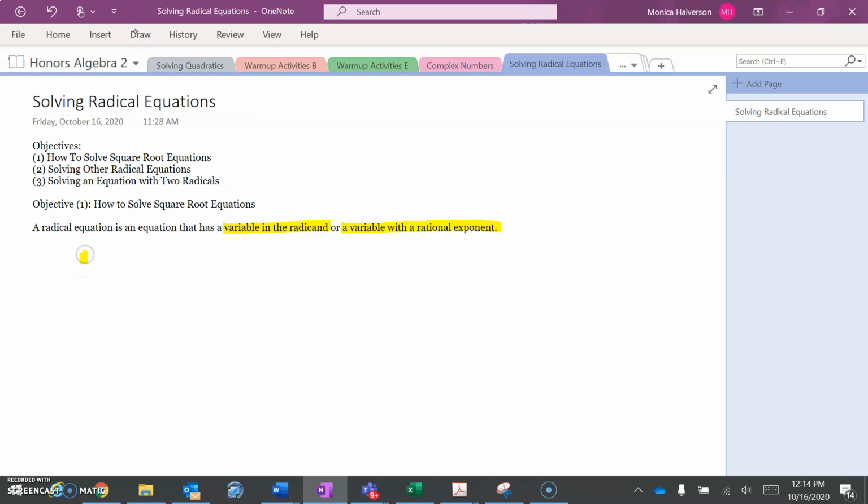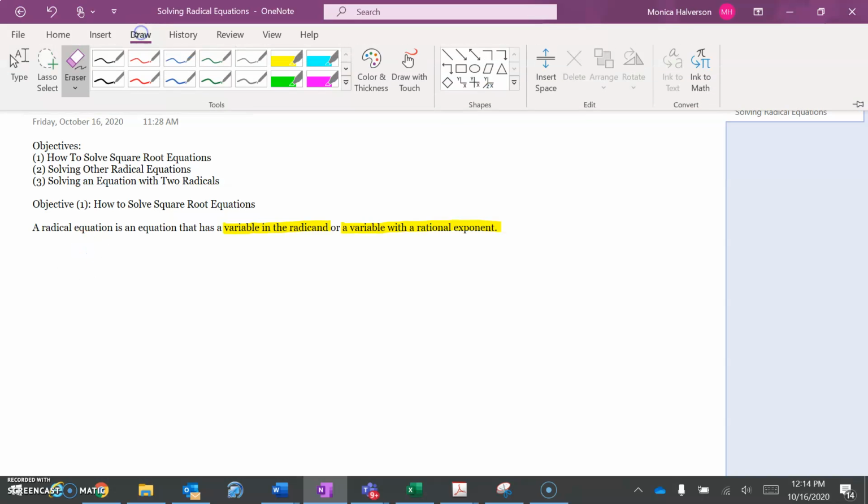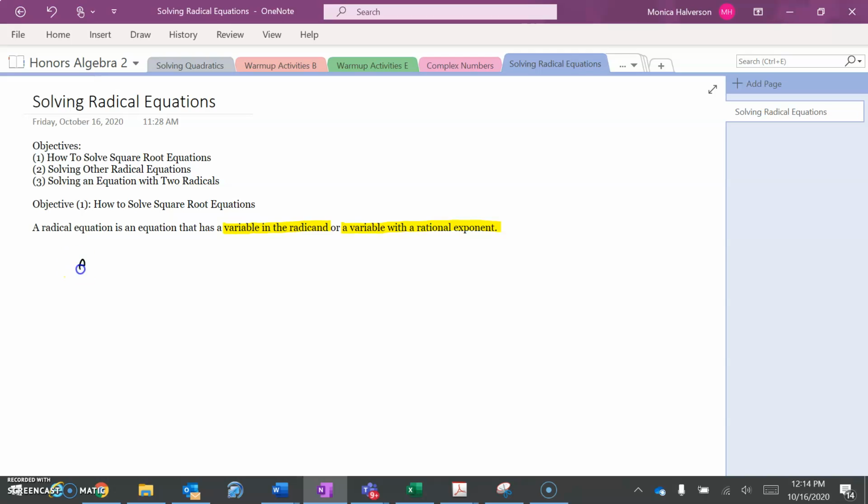And our first example here is 3 plus the square root of 2x minus 3 equals 8. Okay?